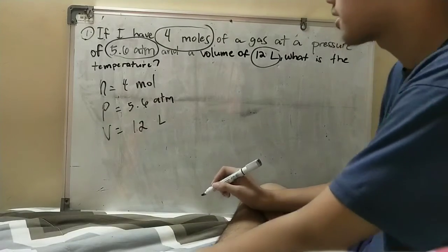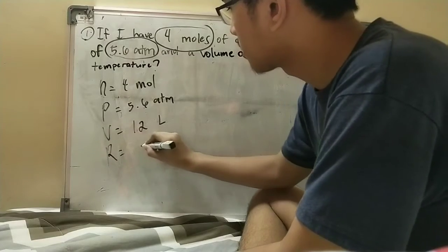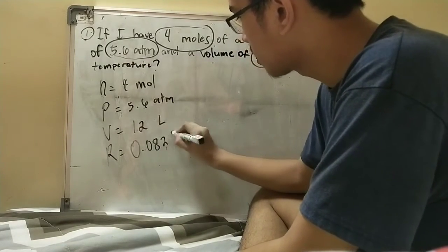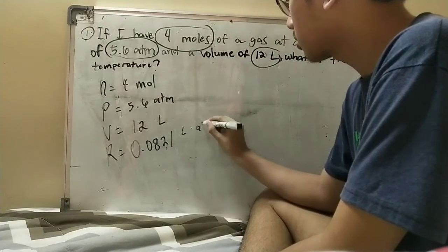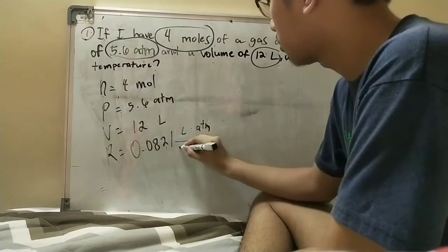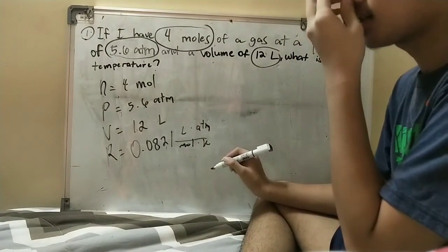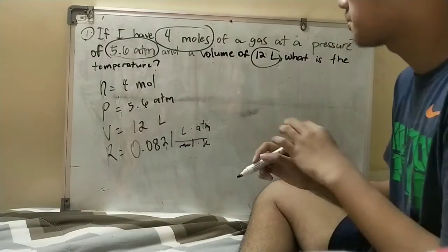Like I said earlier, it is a constant. So we just need to write what I wrote earlier, which is 0.0821 liters times atmosphere over moles times Kelvin. Because, like I said it earlier, it's a derived formula of PV over nT.